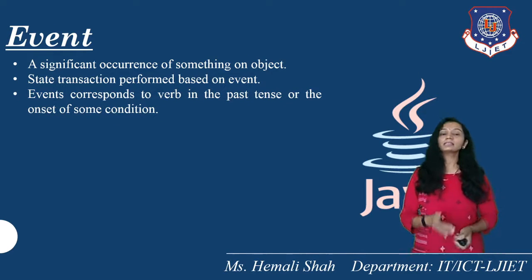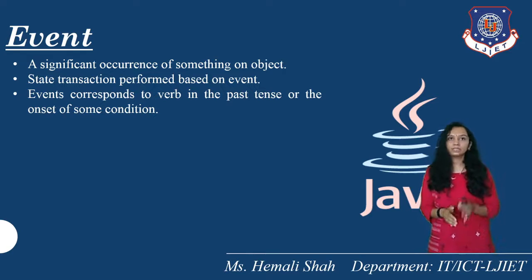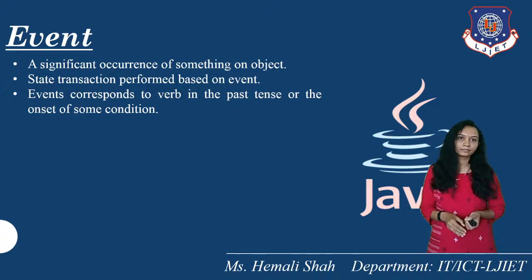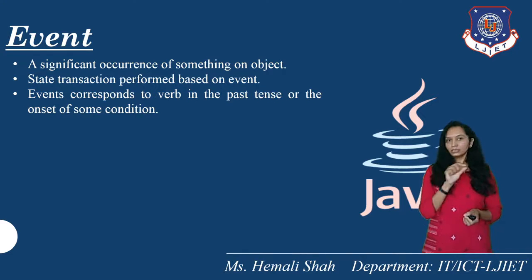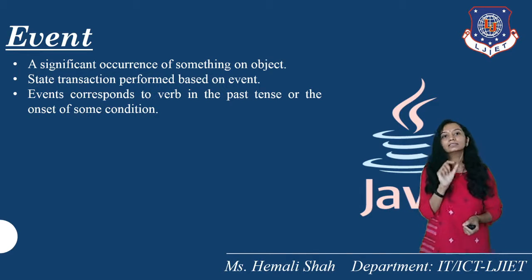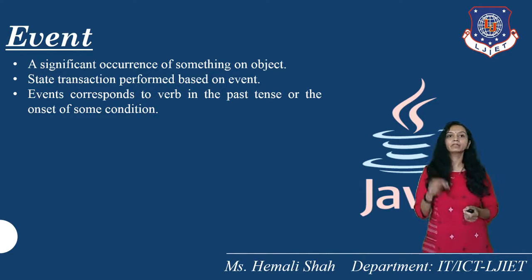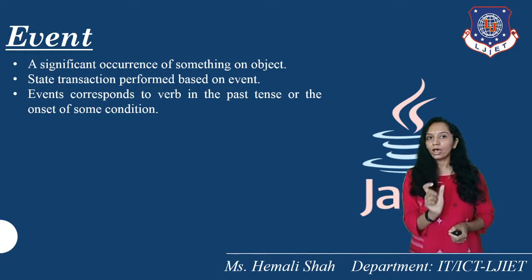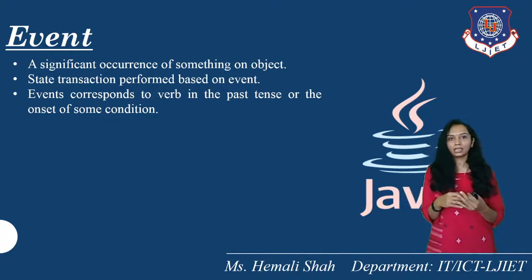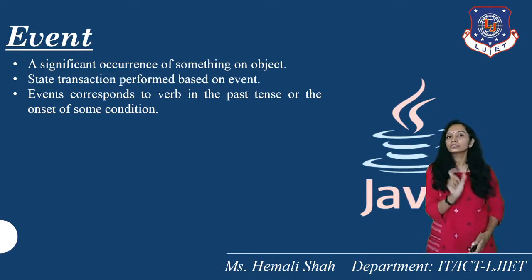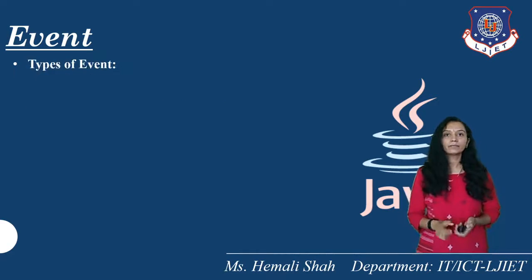And this event corresponds to a verb in the past tense or the onset of some condition. So you just need to write some verb on the arrow that represents the event. Say, for example, color changed. Change is a verb, and we are converting it into past tense. Such a keyword we will use to represent this event, right?